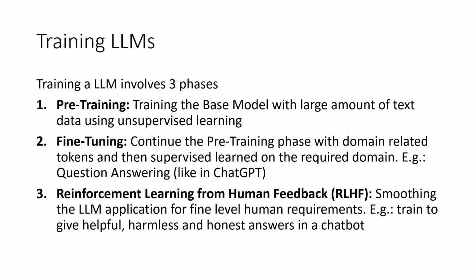The first one is known as pre-training. The second one is known as fine-tuning, and the third one is known as reinforcement learning with human feedback. Or you will see that there's another way known as reinforcement learning from AI feedback. Right? There are two ways.